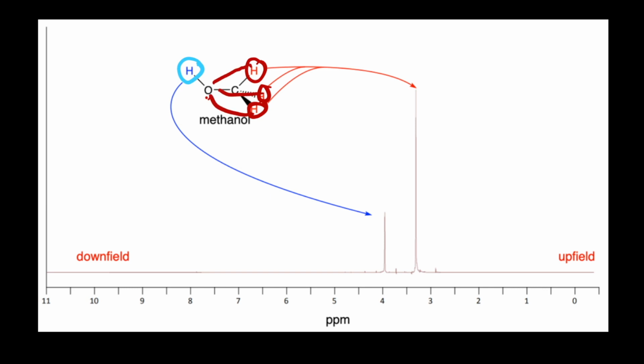They're all the same distance from the oxygen atom. And so they all have the same electron cloud on each of those hydrogens. This electron cloud's a little bit bigger than the blue one because the blue one, the electrons are being sucked away by that oxygen atom.